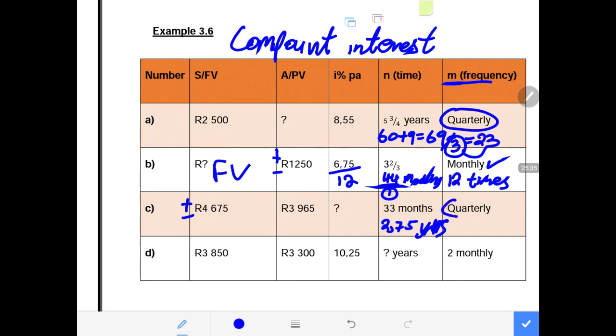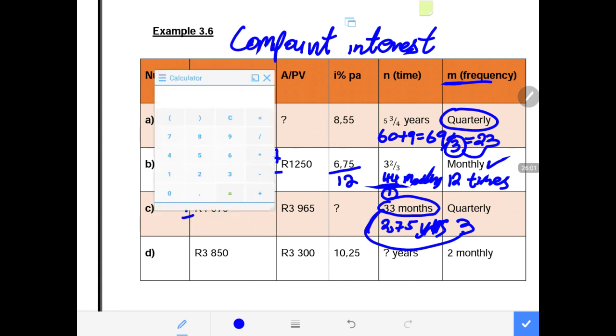Our interest is compounded quarterly. How many months do we have in a quarter? We have 3 months in a quarter. So now if we want to move from the number of months into the number of compounding periods, we say 33 months divided by 3 months in a quarter, which gives us 11.